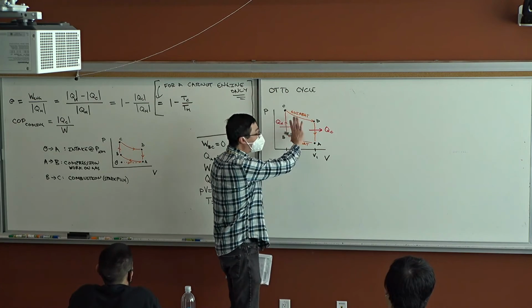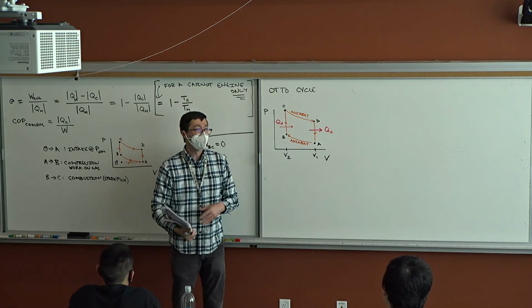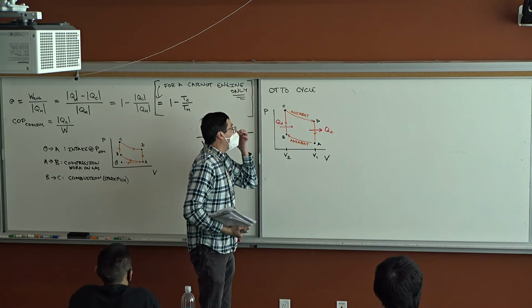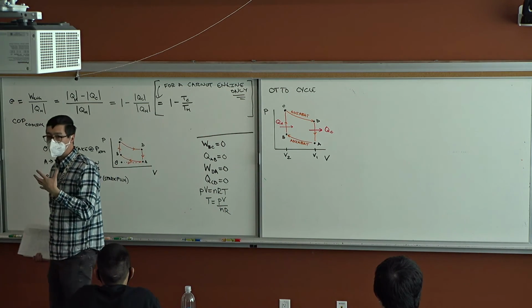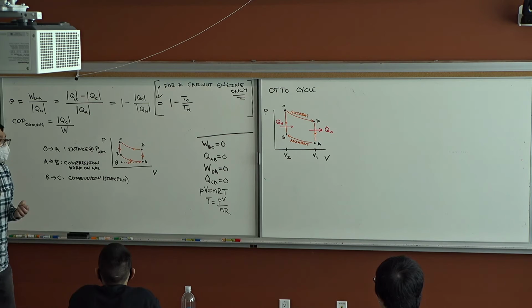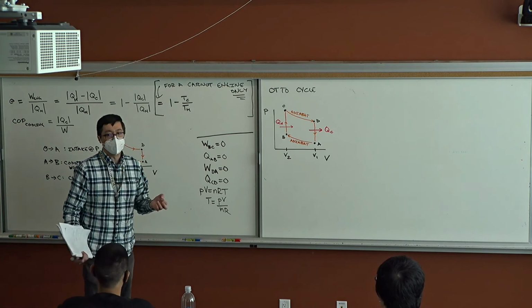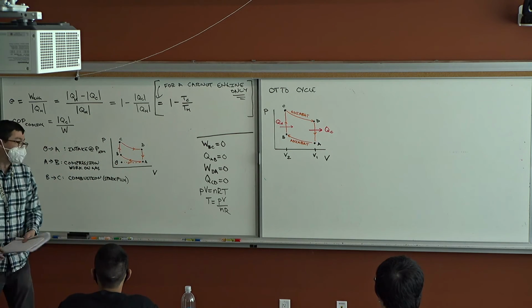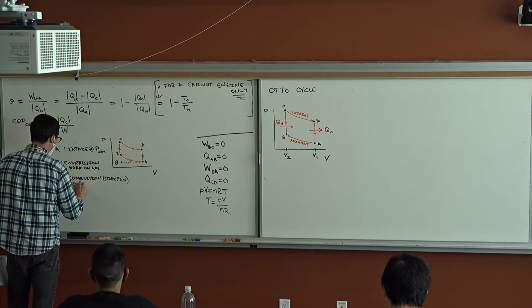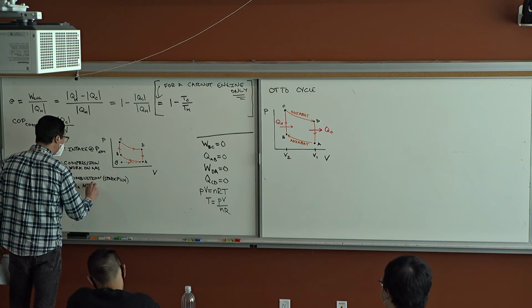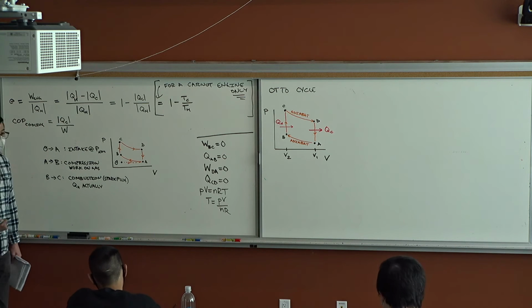So this is where it's a little hand wavy, because this QH isn't really being extracted from a high temperature reservoir. Instead, what we're really getting is energy conversion. It's not really the way we're treating it. It's not actually coming from an ideal gas process.